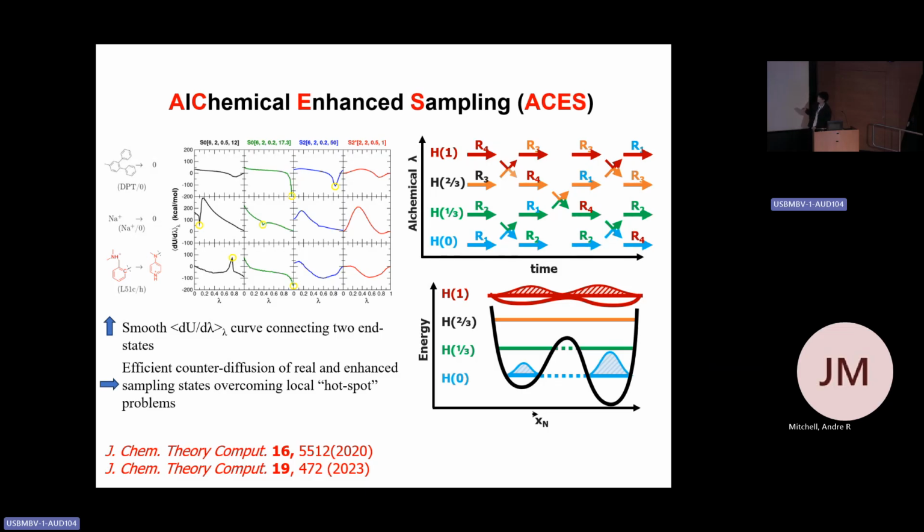We have tested against several systems: a neutral ligand, a point charge, and charge-preserving transformations. They all produce a very smooth dU/dlambda profile along the lambda coordinates. The second feature is the usage of Hamiltonian replica exchange for efficient counter diffusion of the real state and your enhanced sampling state, that's the dummy state.